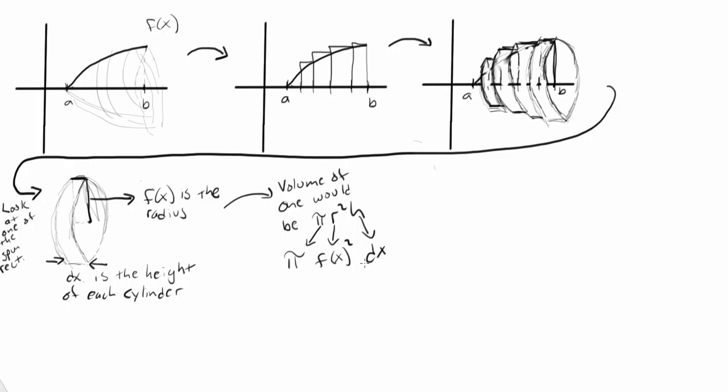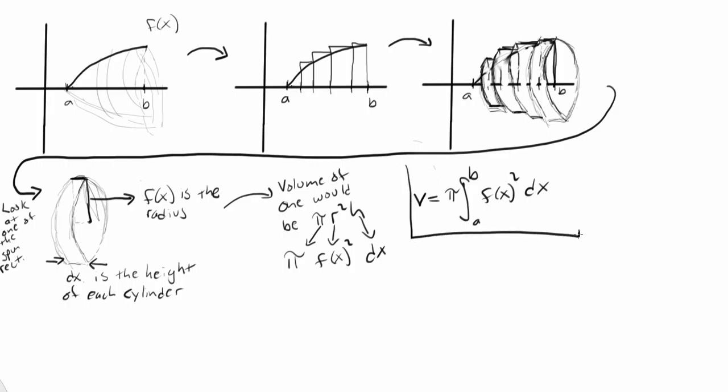So putting this in terms of an integral to find the volume that we want, what we would have is this. The volume would be equal to pi, we can pull that outside, times the integral from a to b of f of x squared dx.